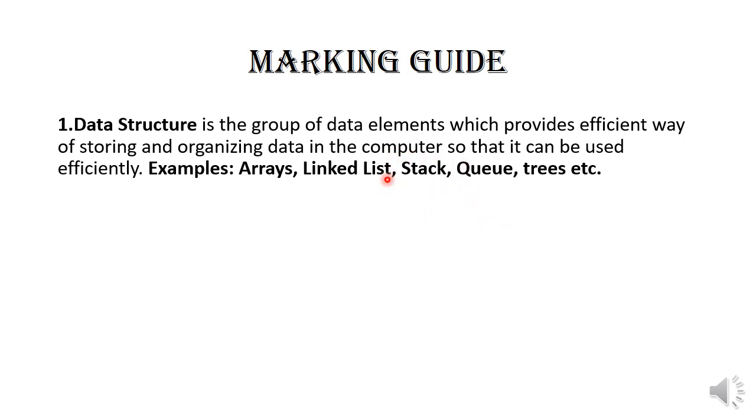We have also a stack, which is a linear list in which the insertion and the deletion of elements takes place on one part, which is called the top. We have also queue, we have trees, and so on. These are some examples of data structures.